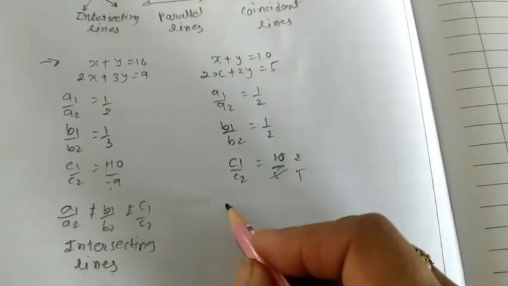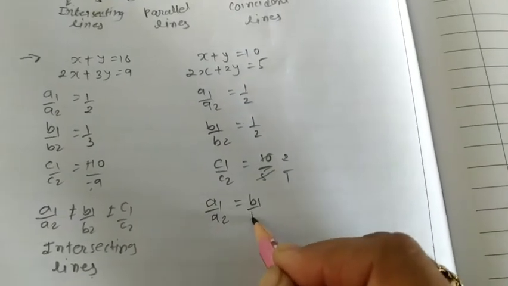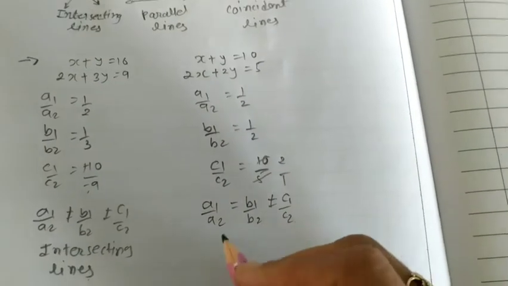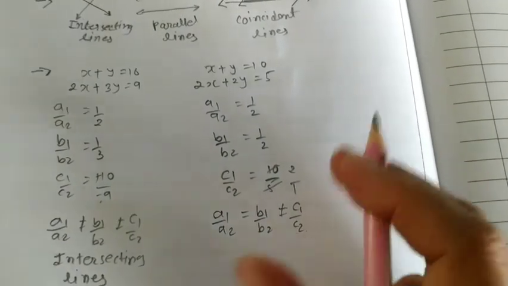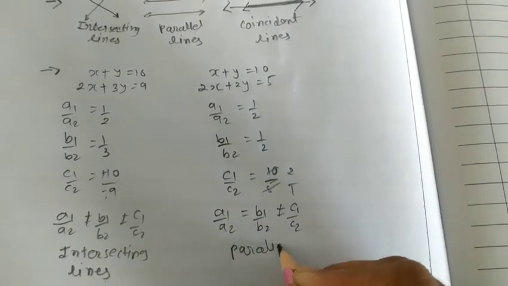So a1 upon a2 equals b1 upon b2, but it is not equal to c1 upon c2. For this kind of lines we get parallel lines.